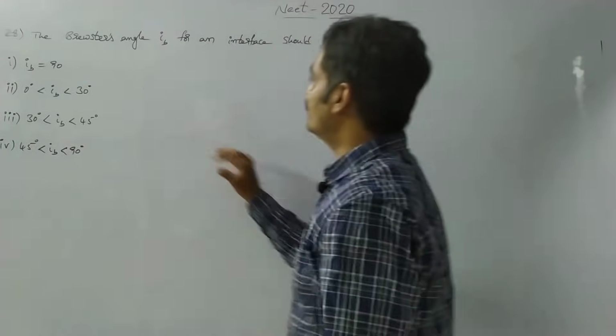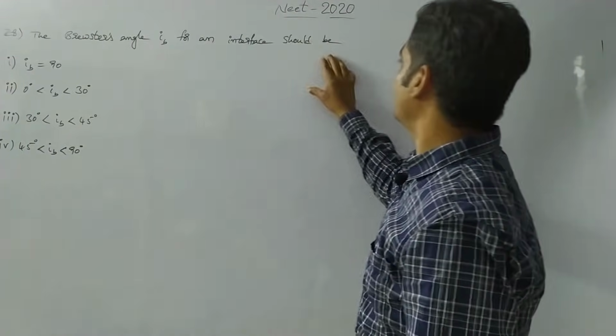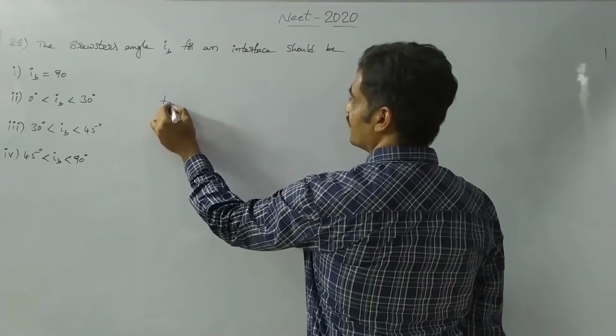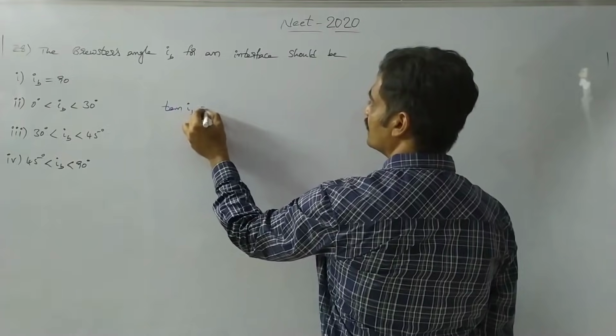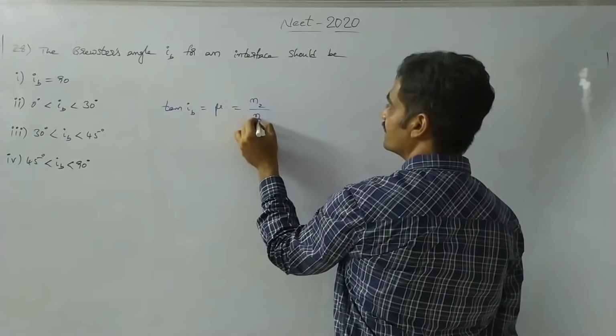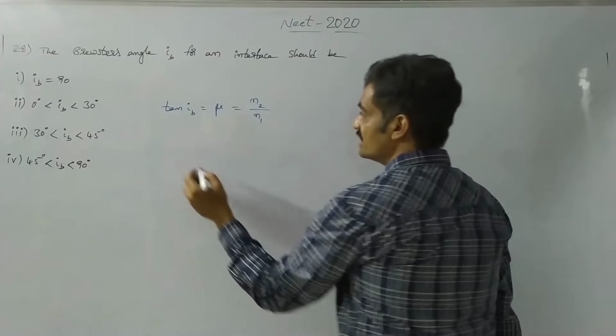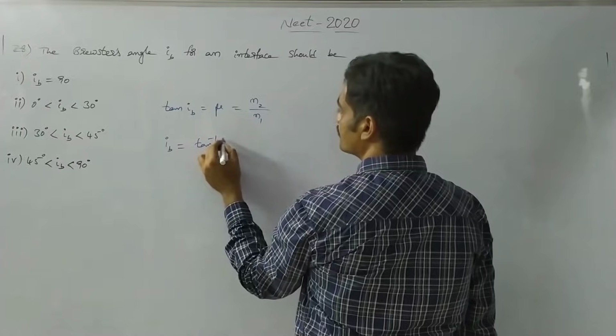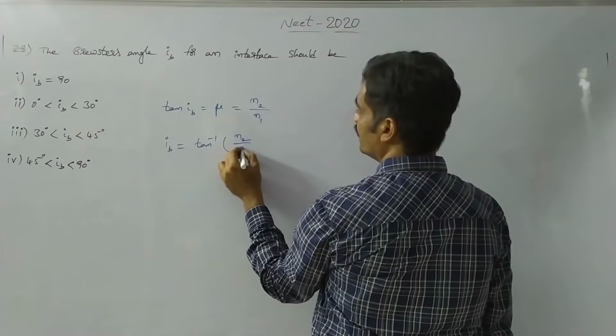The next question is: the Brewster's angle i_B for an interface should be? So here we know that the Brewster's angle is given as tan i_B equals mu. In terms of the two refractive indices we can represent it as n2 by n1. So based on that we can represent it as i_B equals tan inverse of n2 by n1.